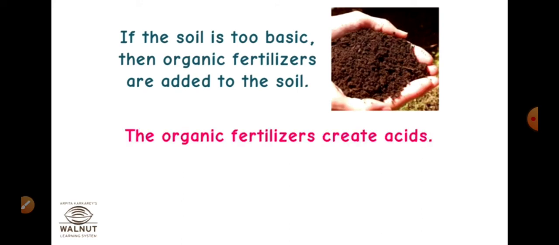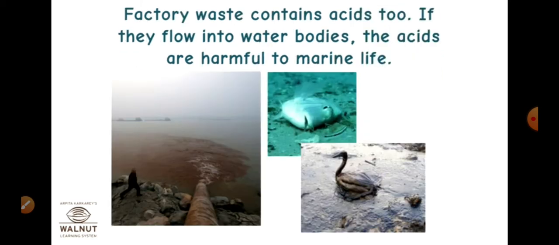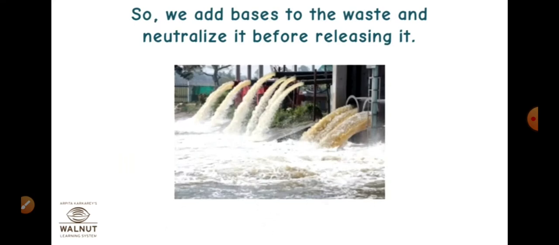The organic fertilizers create acids. These acids neutralize the additional base in the soil. Factory waste contains acids too. If they flow into water bodies, the acids are harmful to marine life. So we add bases to the waste and neutralize it before releasing it.